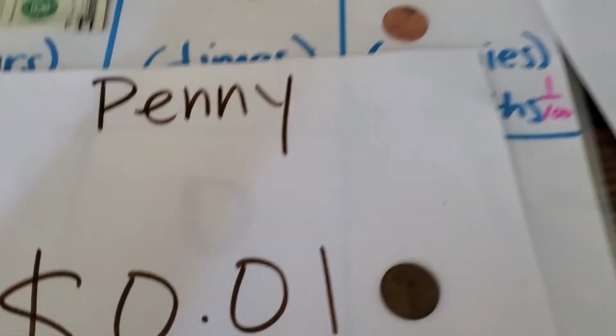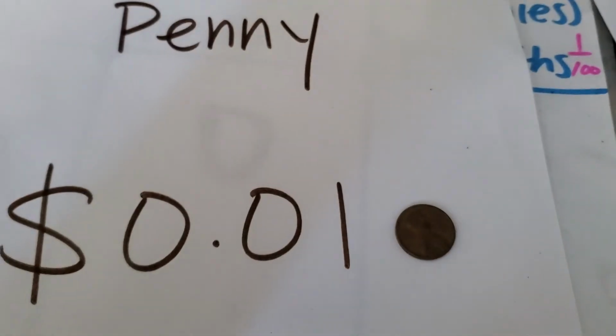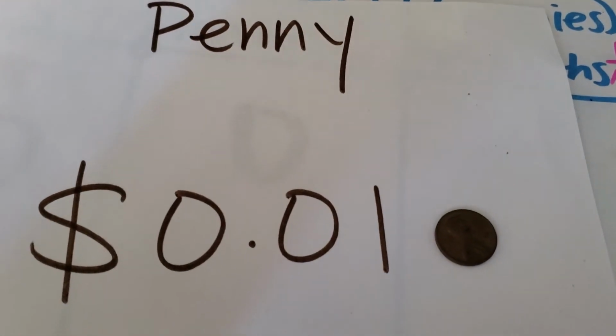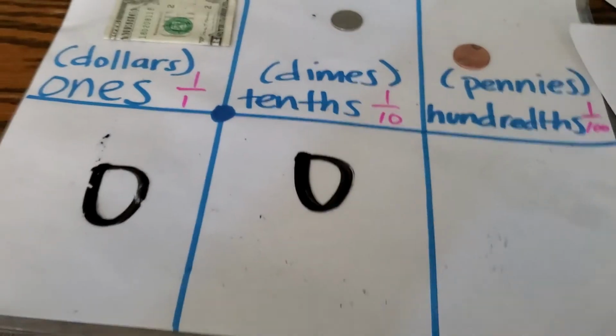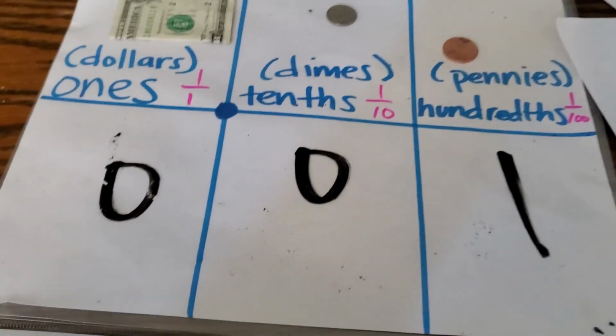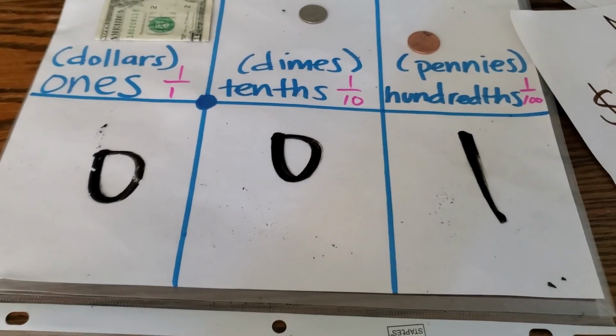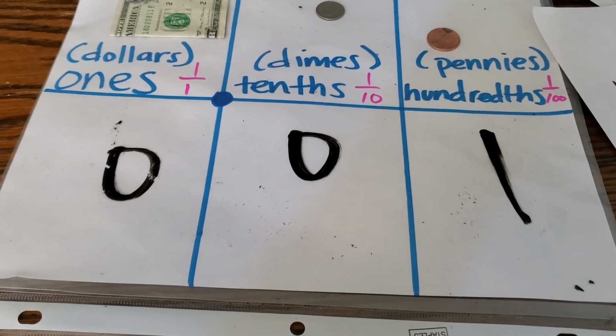So a penny looks like that. I'm sure you've seen many of them. In terms of decimals, 1 in the hundredths place would be equivalent to 1 penny. So as a decimal, you would say 1/100. That's what 1 penny would be equivalent to.